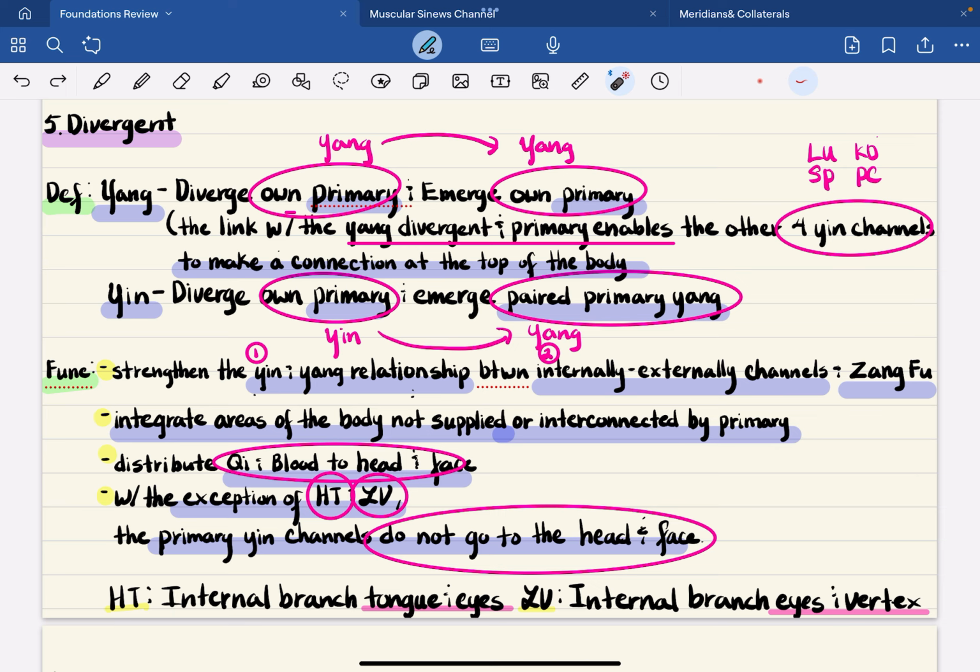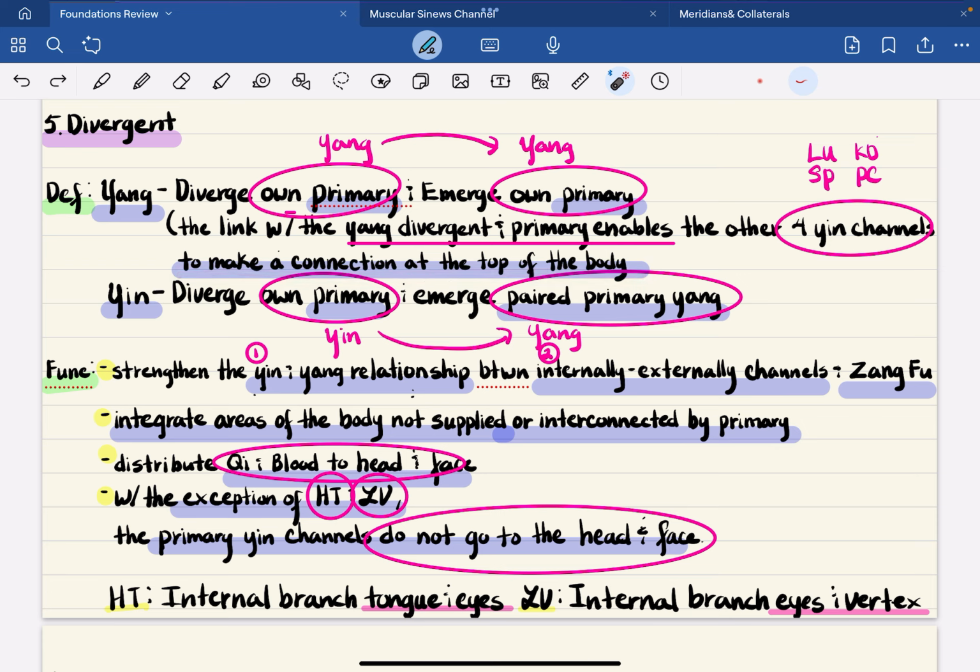Okay, so the yang divergent, and primary, enables the four yins. The four yins we talk about are these four, because we'll later see that the liver and the heart have their own exceptions, and help to connect the body at the top of the body.